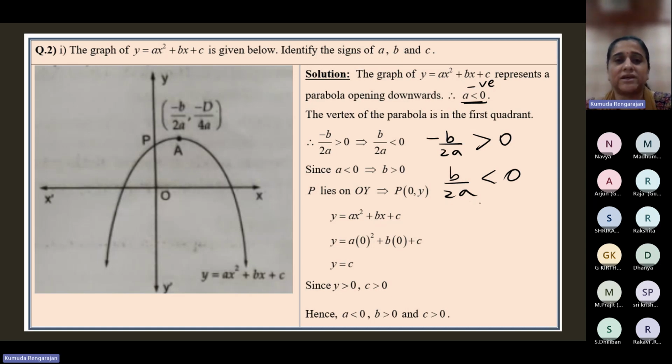We already know A is negative, and if the whole thing has to be negative, B and A should carry opposite signs. So since A is negative, B has to be positive. B is greater than 0.